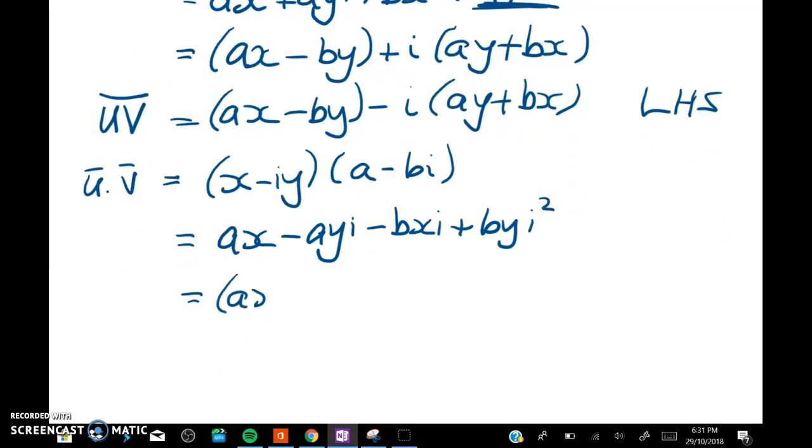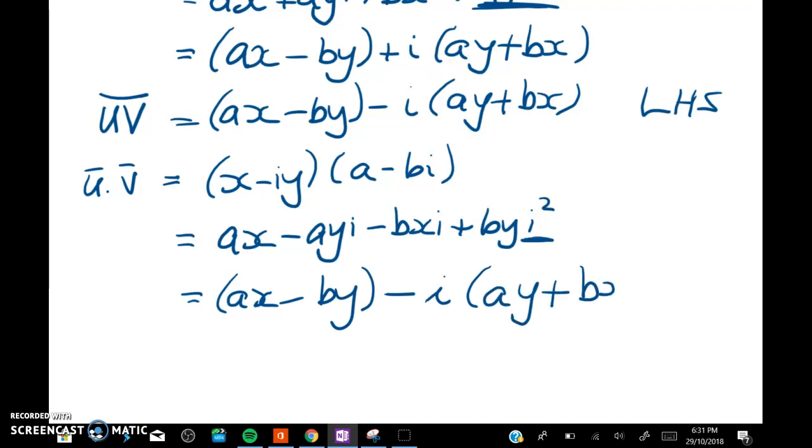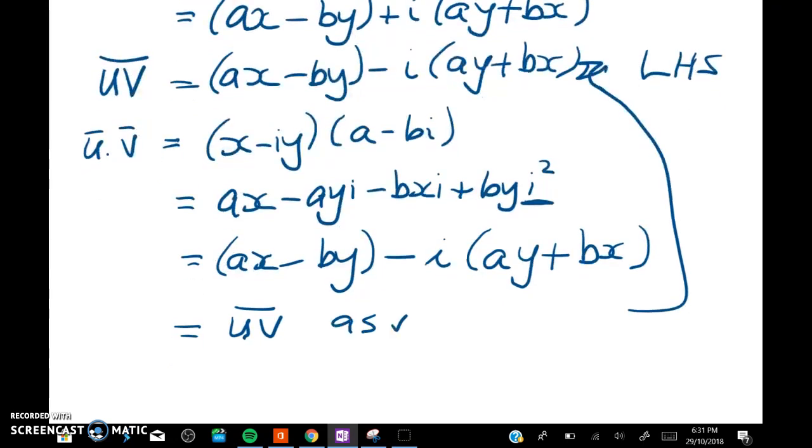So again, grouping real and imaginary parts, we get ax minus by minus i times ay plus bx. But we've just shown above that that is what the conjugate of uv was. So we've finished, as required.